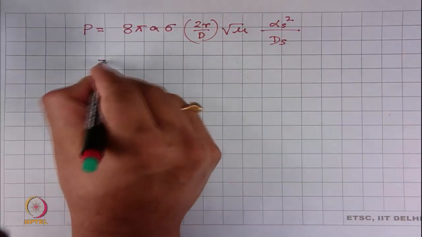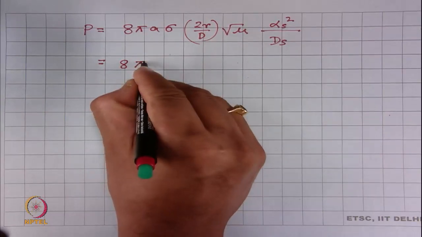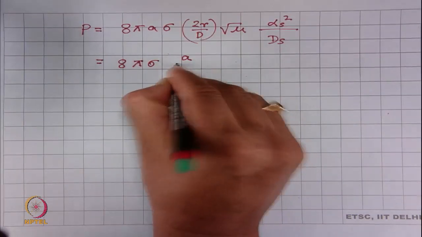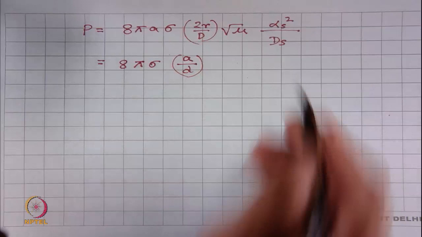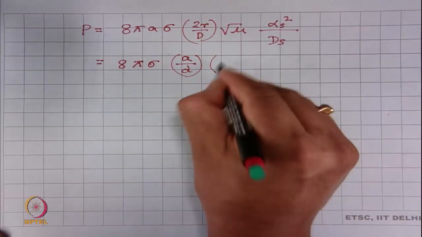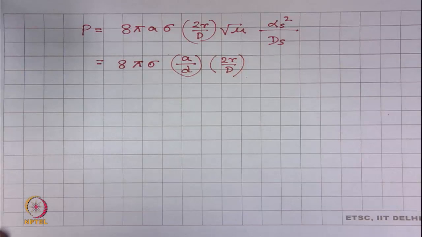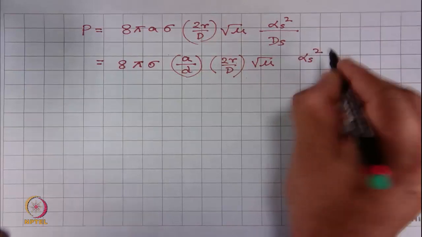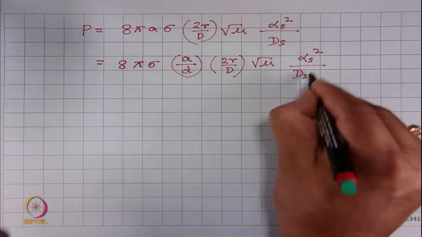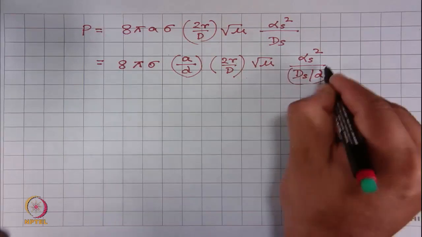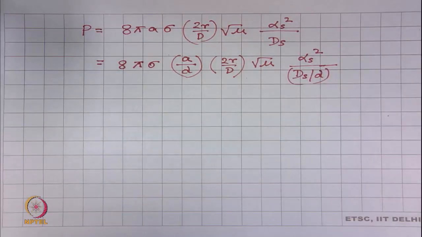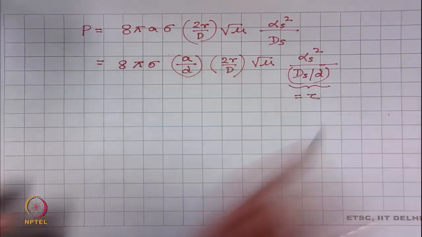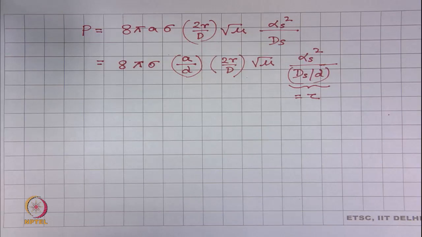Now, 8 times pi into sigma, then this A by small d. So, we introduce small d, then 2 r by d root mu. Now, this alpha s squared ds by small d. Okay. Now, what is ds by small d?